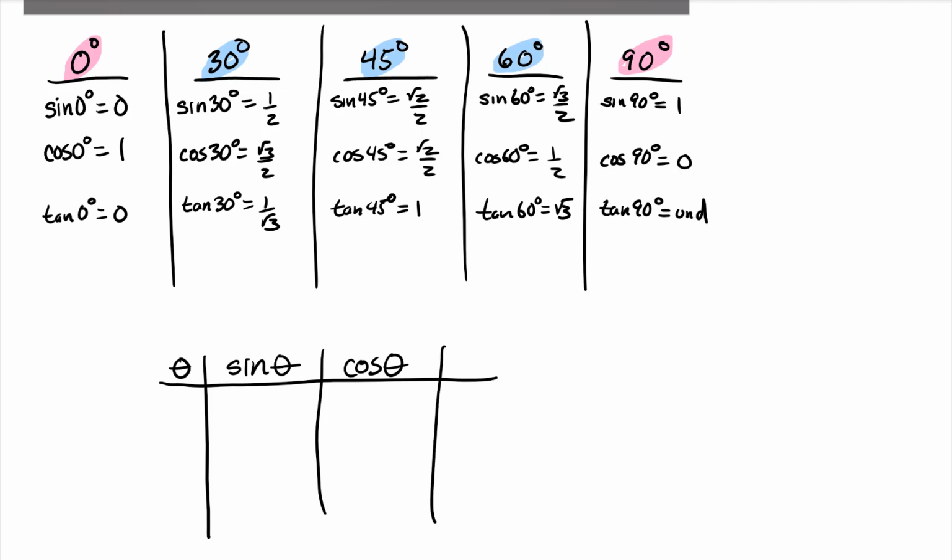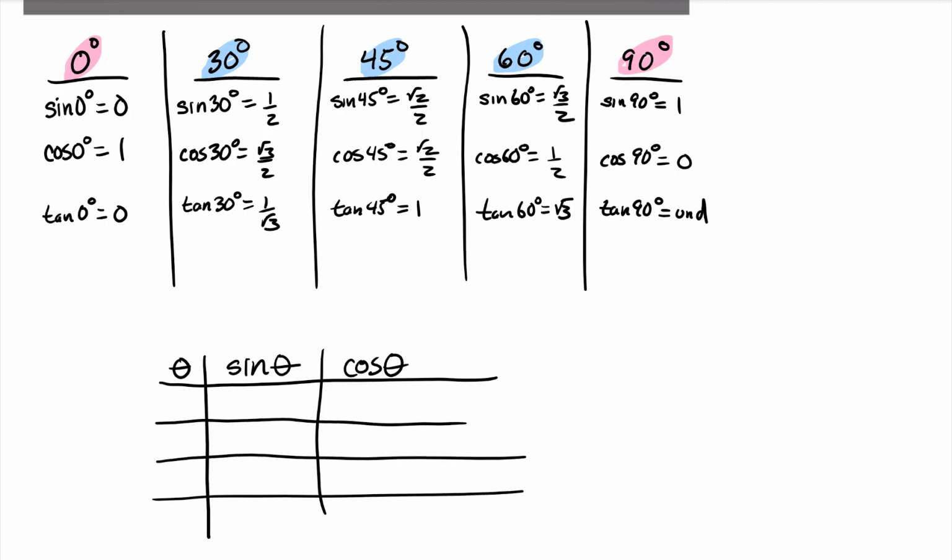I don't even want to write tangent yet. Let's just leave it as sine and cosine. We're putting all of our angles over here, and then our ratios go here. The ratios of the triangle. Angles on the left, what sine and cosine are on the right.